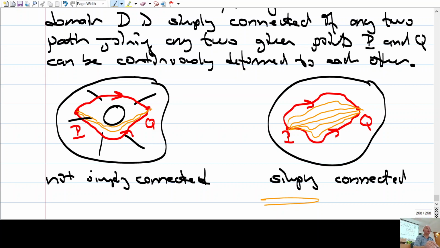The points P and Q are joined to each other by several paths, and these paths cannot be deformed to each other. This path cannot be deformed to this path. That's why it is not simply connected. This is multiply connected.